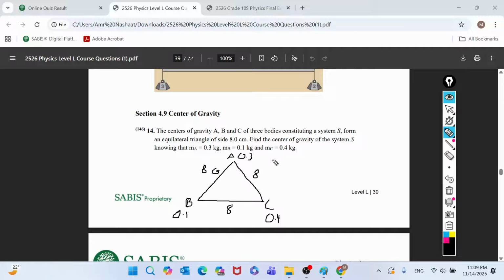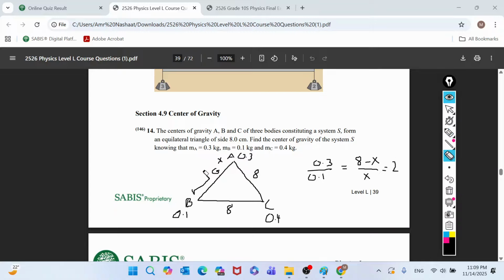So M1, we'll use the mass of A as M1, so 0.3 over 0.1 equals, we'll take this as x, and the rest of it is going to be 8 minus x, because G2, over x. If you solve this, you're going to get x equals 2. So this is 2 centimeters.